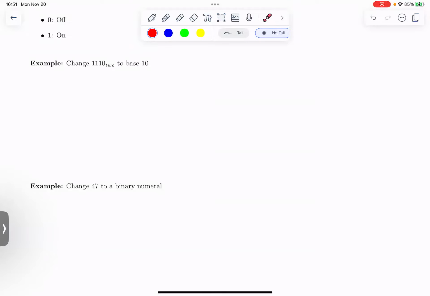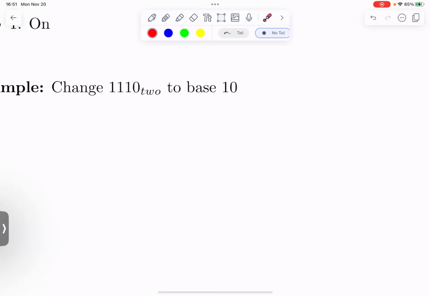So if I'm in binary and I enter 1 1 1 0, and then I switch over to decimal, I get 14 base 10.